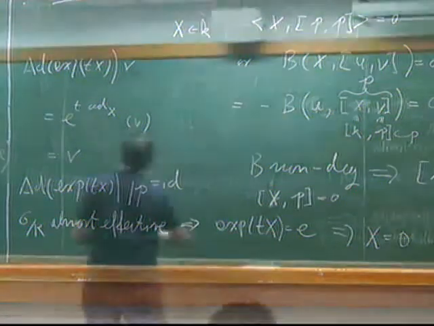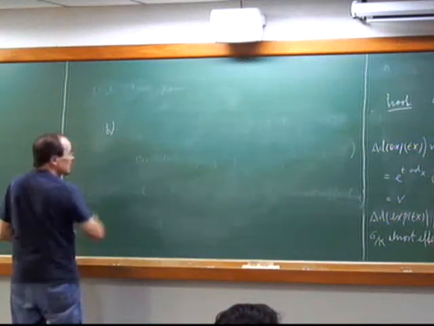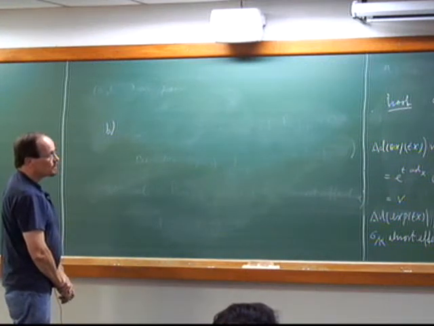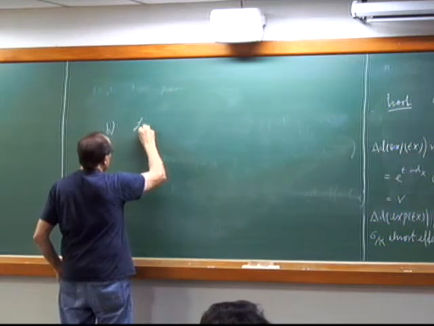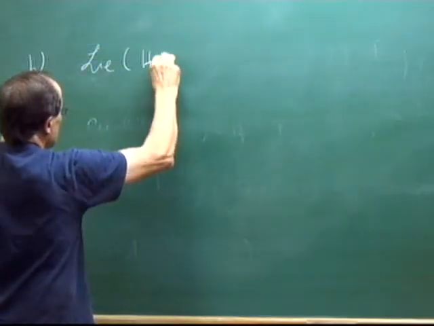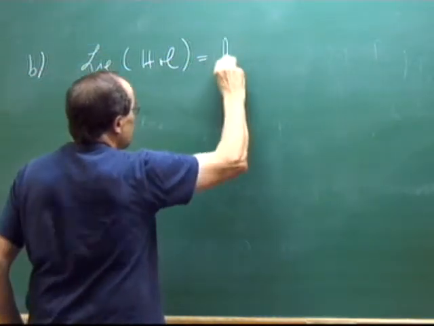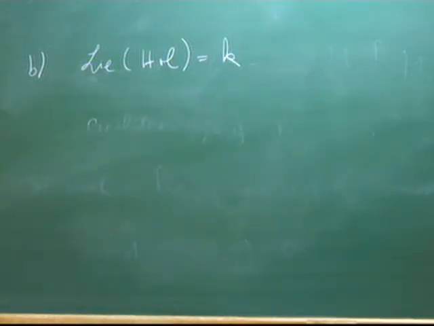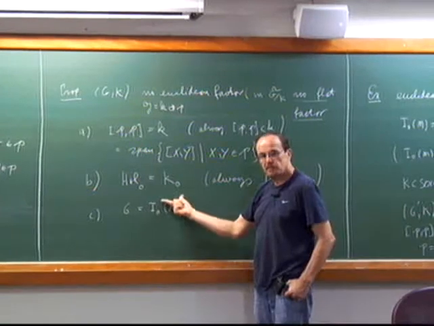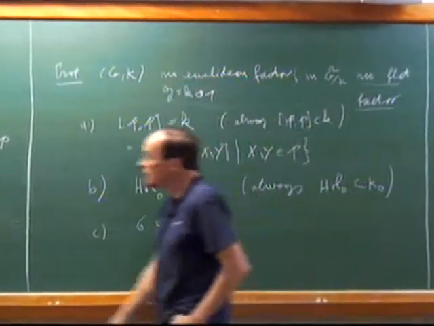So for B, I have to remind you of something. Because it's sufficient to show that the Lie algebra of the holonomy group is equal to K. Right. I only claim this for the identity component here. So connected groups are the same if and only if the Lie algebras are the same. Right?